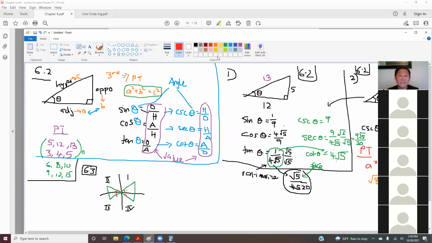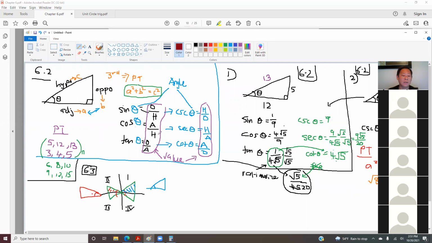Okay, so that means that in quadrant 1, you will get the blue color one. So this is what we draw like this. This is in quadrant 1. This is your theta. Quadrant 2, you will get the red one. So quadrant 2 triangle will look something like this, where this is the angle here.